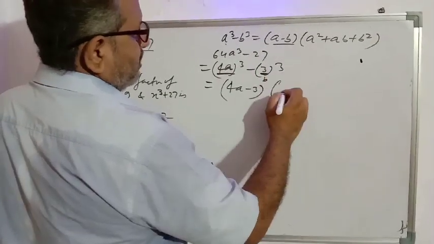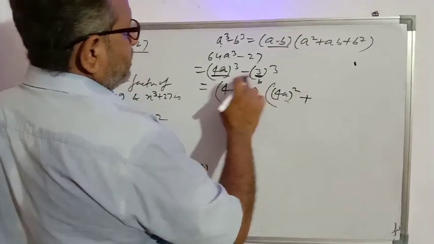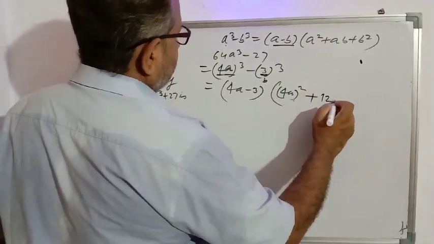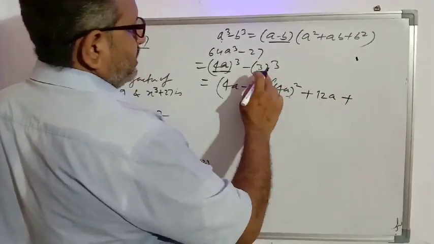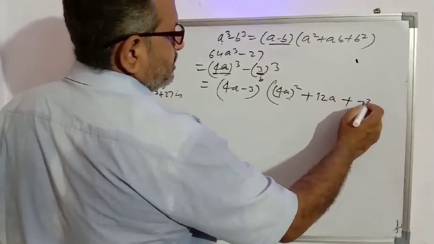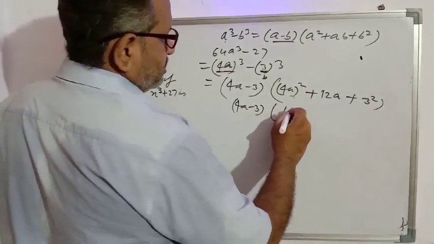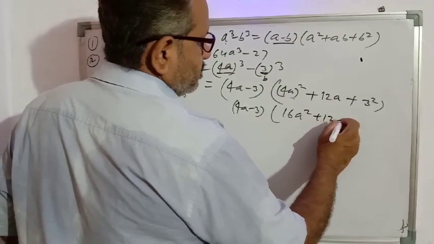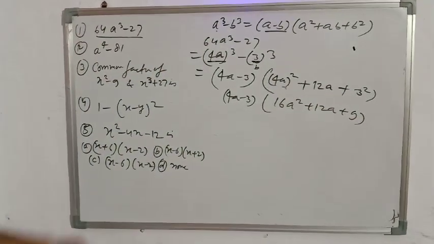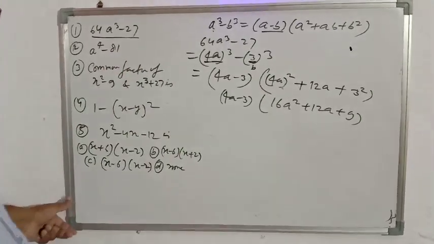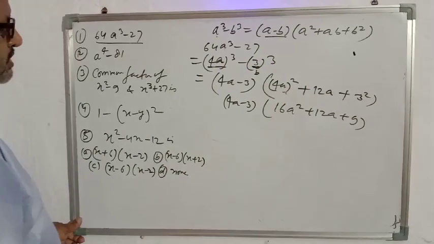Next bracket a square, so 4a square, plus a into b, so 4a into 3, 12a, plus b square, b is 3, so 3 square. So 4a minus 3 into 16a square plus 12a plus 9, since 3 square is 9. This is the answer. 4 options will be given, and with the help of the options you can also check which one is correct.